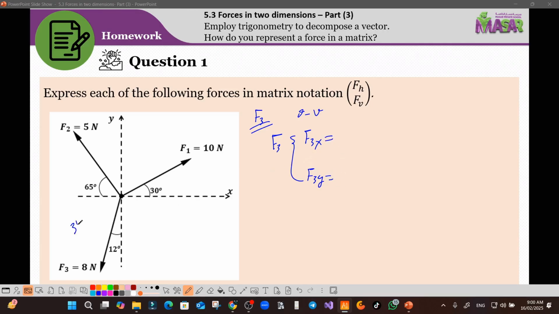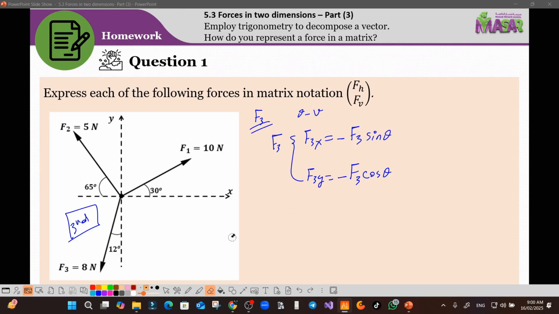Now, this is the third quadrant. Everything is negative here in the third quadrant. So let me write F3 sine theta, because the angle is of the type V, vertical or Y, then the cosine should be applied for the vertical component or the Y component.